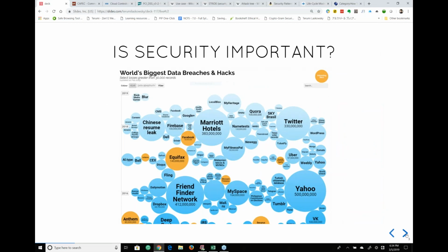So let's go ahead and talk about, is security important? And I think everybody will probably say security is important, but I'm going to show you this site that I have presented for you. This is a site called Information is Beautiful, and so let me go ahead and show you that site right now.